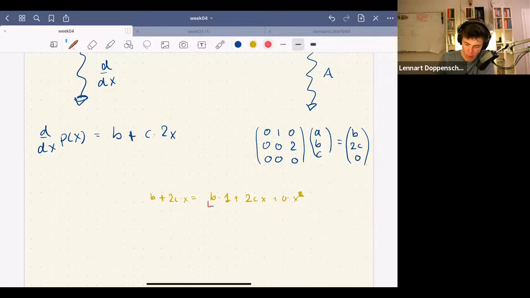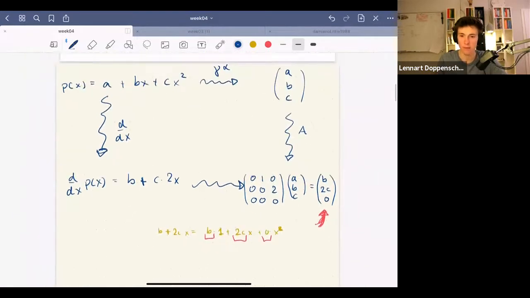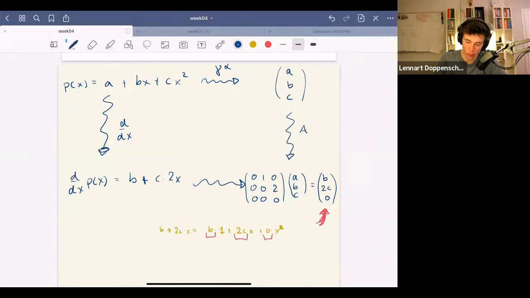We have the coefficients b, 2c, and 0. And this is exactly what we find here. So we can now draw this arrow to say, well, the resulting polynomial will have a coordinate vector b, 2c, and 0.